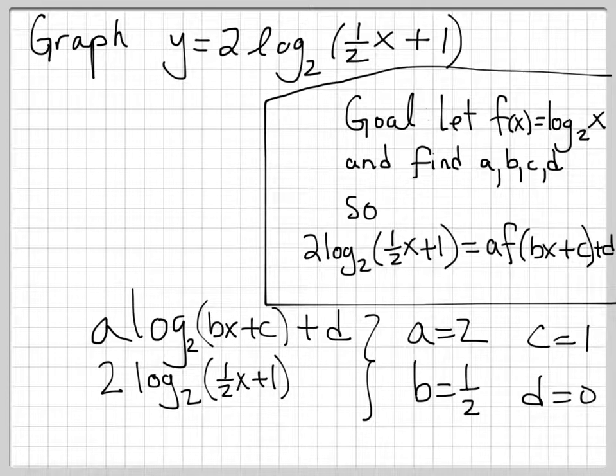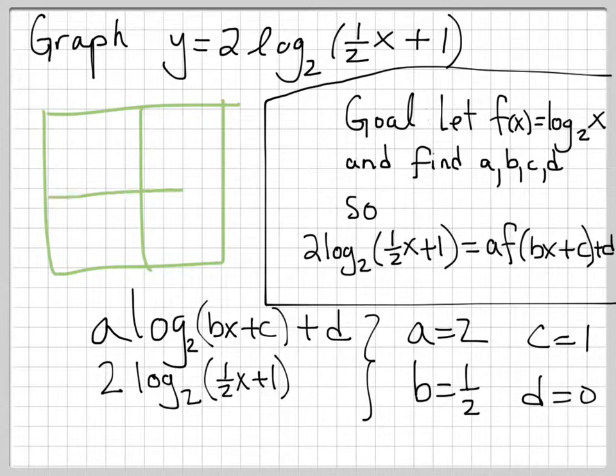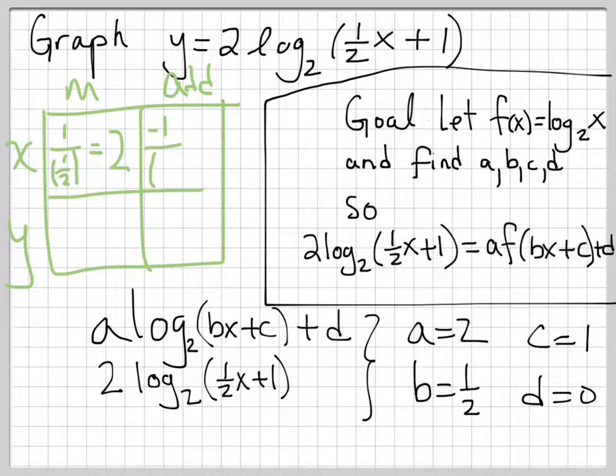And so if we make our table, multiply, add, x, y, we multiply by 1 over b, which is 2. We add negative c over b, which is negative 1 over 1/2, which is negative 2. We multiply the y values by a, which is just 2, and we add d, which is just 0.